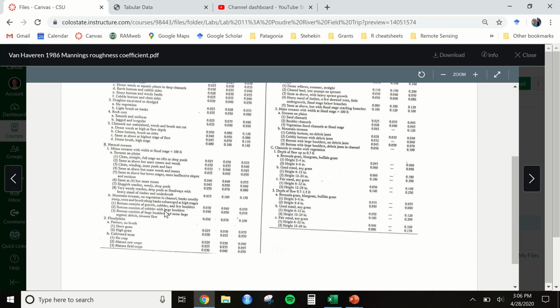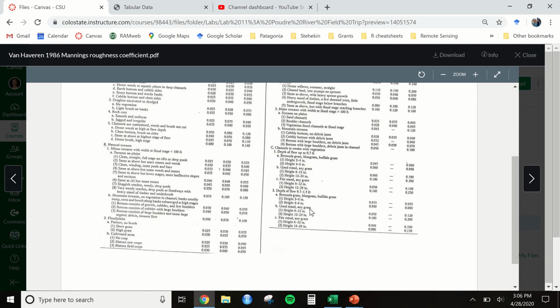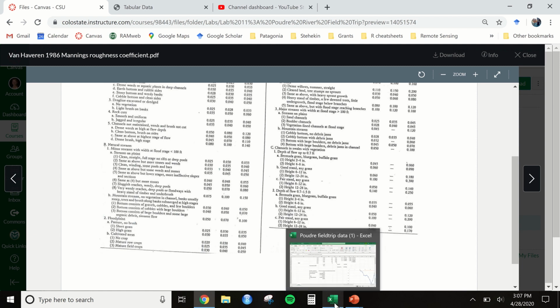And so do we have cobbles, boulders, gravels? There's some gravel, but it was actually mostly cobbles. So our 0.049 actually makes perfect sense here. Somewhere in between the low and mid-range of this number 2 category. So 0.05 would be a good guess. Again, if you disagree, you are welcome to choose something else.